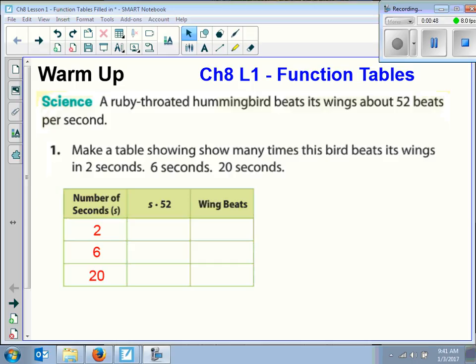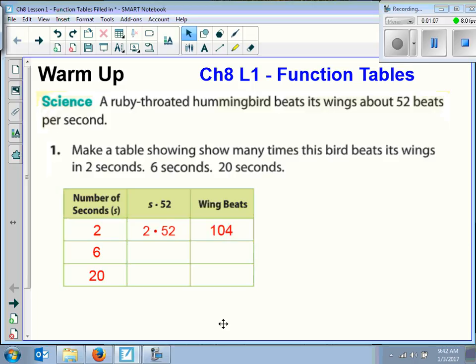So we're going to multiply that times 52, and then that will give us the number of wing beats. Is everybody with me? So, for the second column, we've got 2 times 52, and 2 times 52 is?